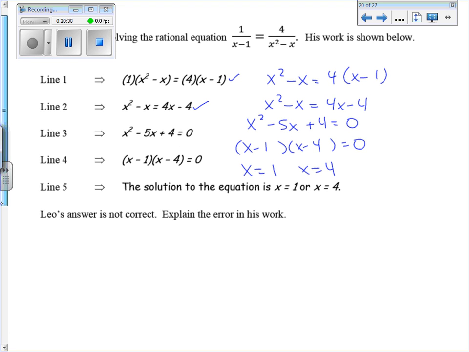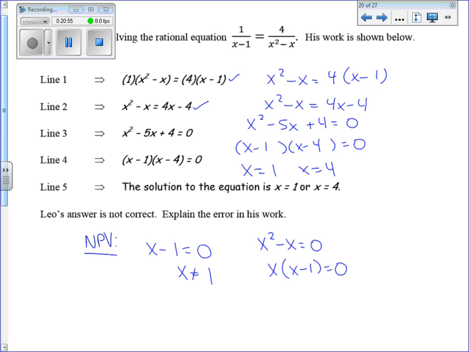Now, the one thing I didn't do here was my non-permissible value. x minus 1 equals 0, so x cannot equal 1. x squared minus x equals 0, so that gives me x times x minus 1 equals 0, so x cannot equal 0, and x cannot equal 1.